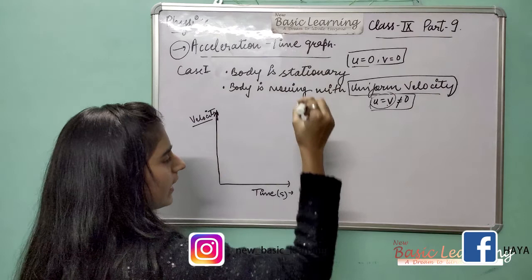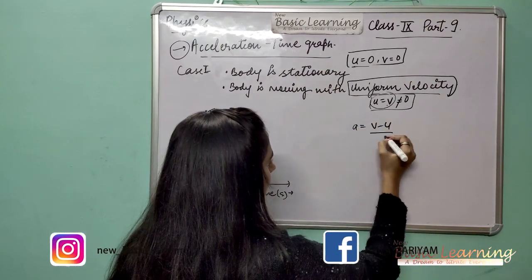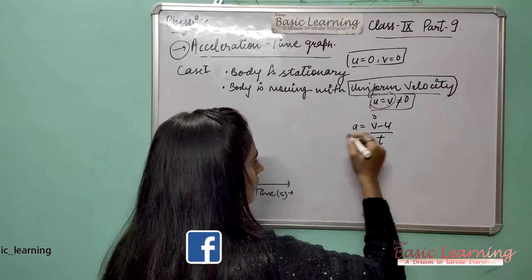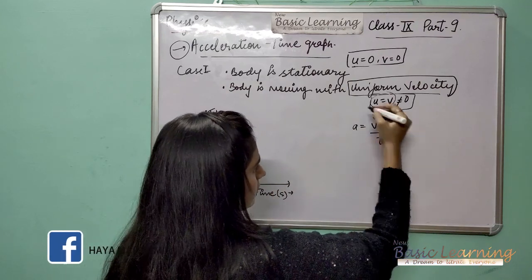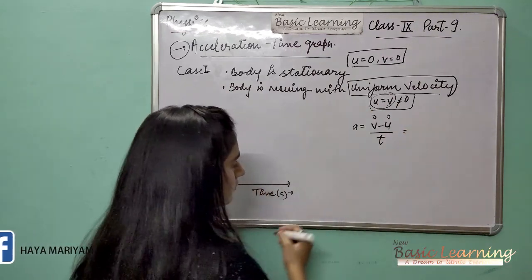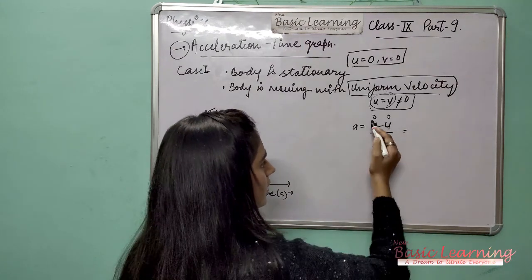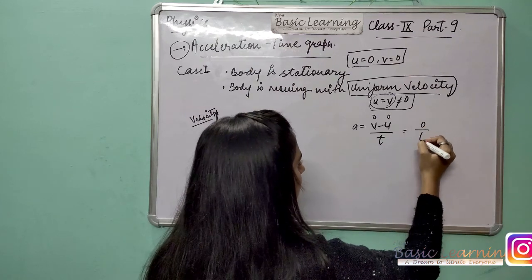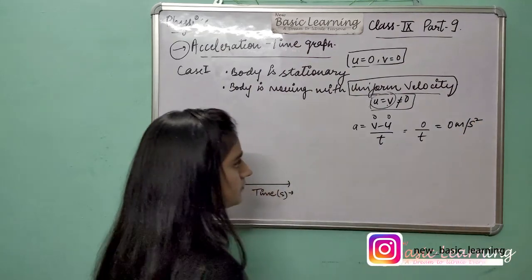So if we put the values in the formula, acceleration is equal to v minus u upon t. Here the final velocity minus the initial velocity gives 0. So 0 upon t gives 0 meter per second square.